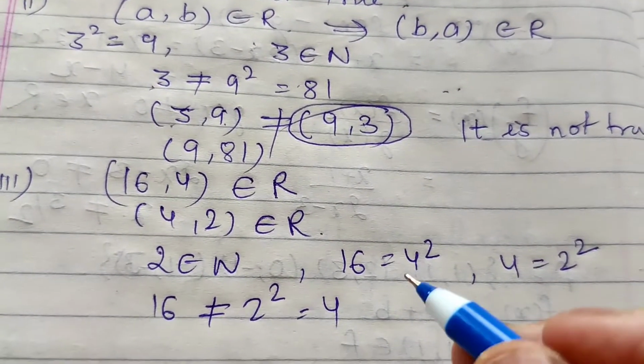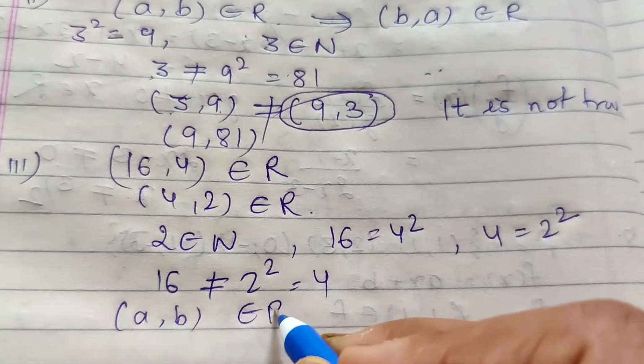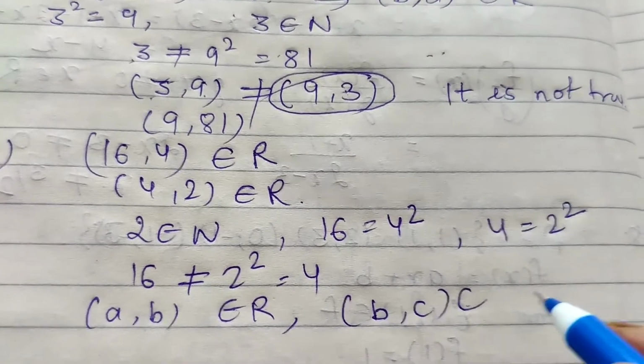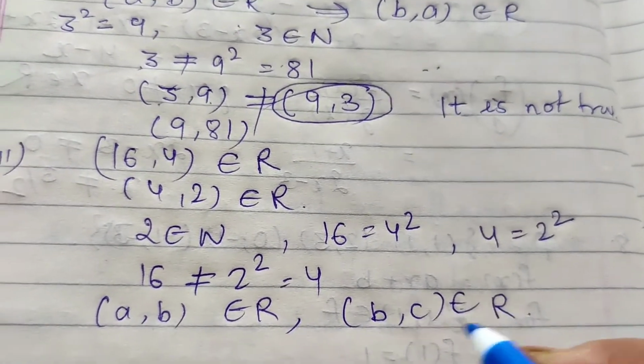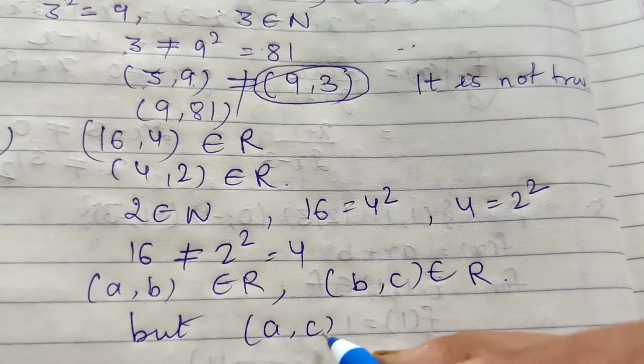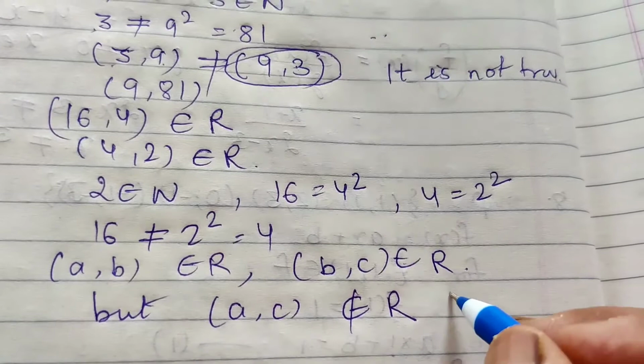Therefore (a, b) belongs to the relation and (b, c) also belongs to the relation, but (a, c) doesn't belong to the relation. It means it is not true.